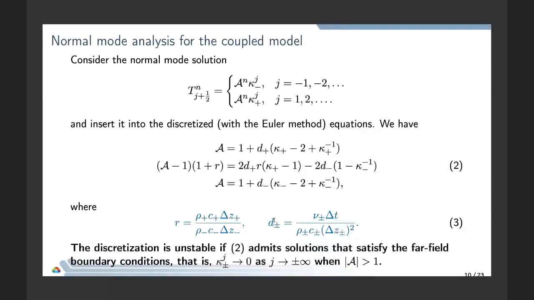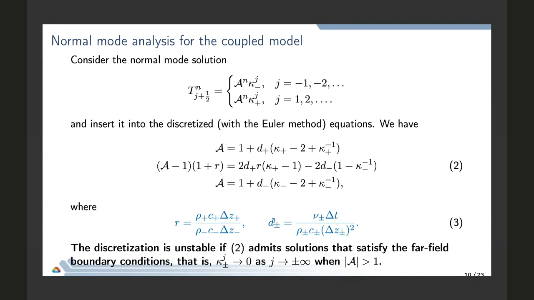The stability criterion here is: the discretization is unstable if these algebraic equations admit solutions that satisfy the far-field boundary condition, which means that k approaches 0 when the index j goes to infinity, and when the absolute value of A is larger than 1.